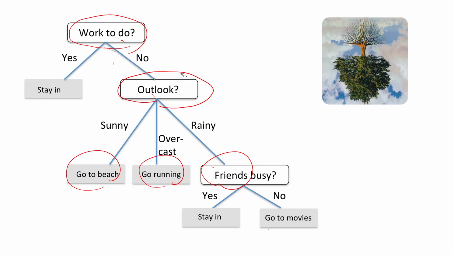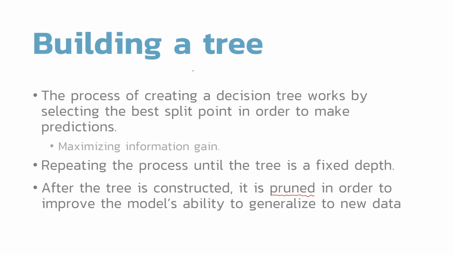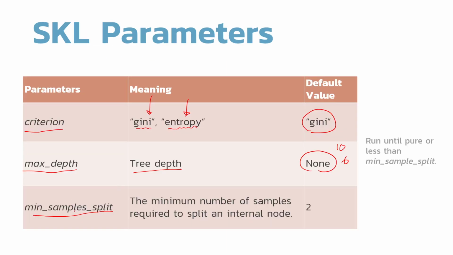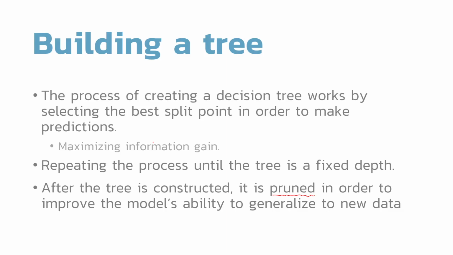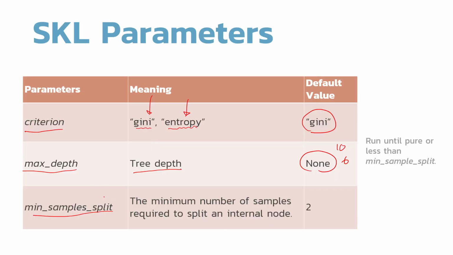But if the number of samples in this bin is less than min sample split, then the system will not ask any more questions. So that is another way to prevent too many questions.